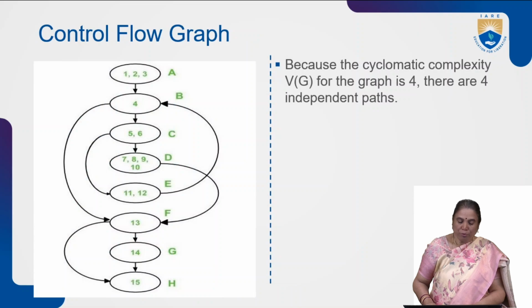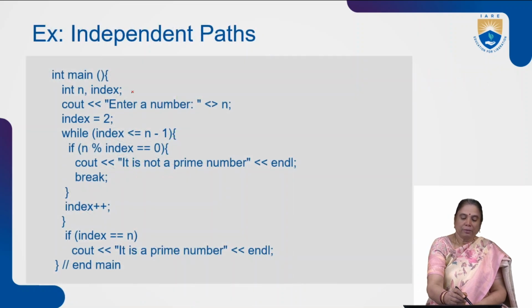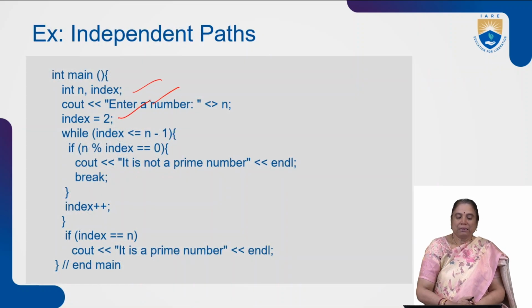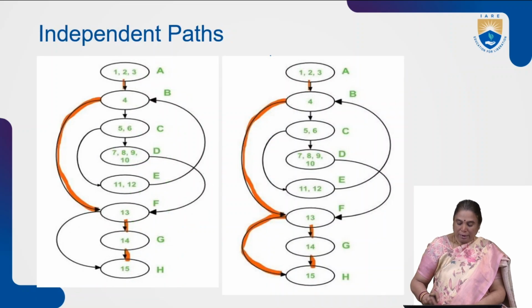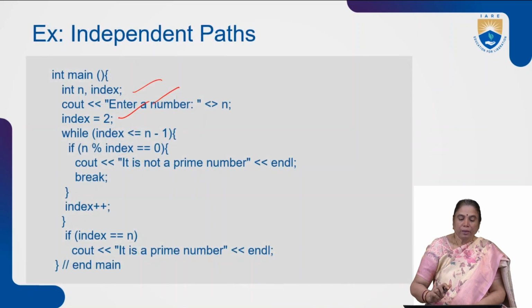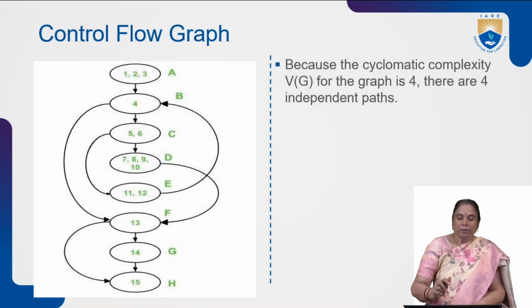So here statements 1, 2, 3 are the sequential statements. These statements are combined and represented as node A. Next, the fourth one is a looping statement.